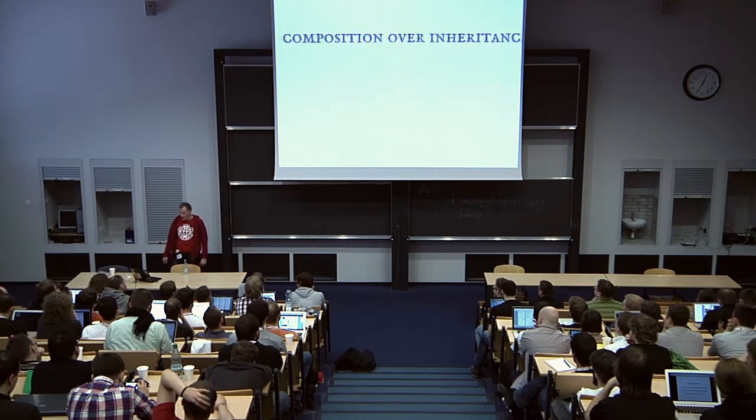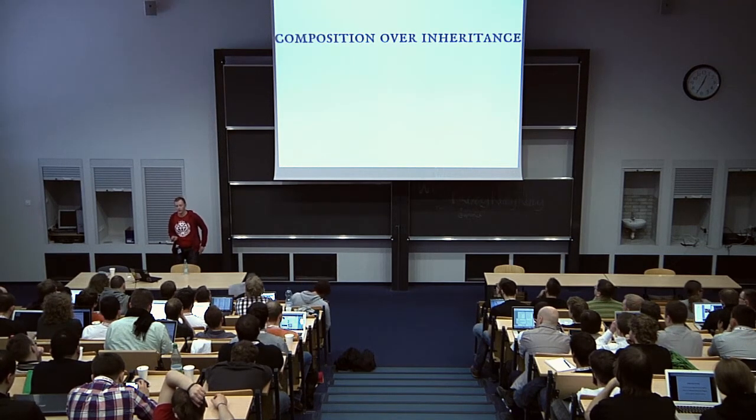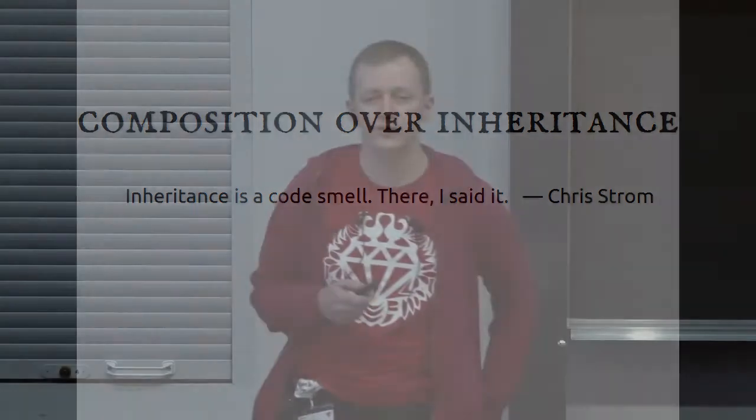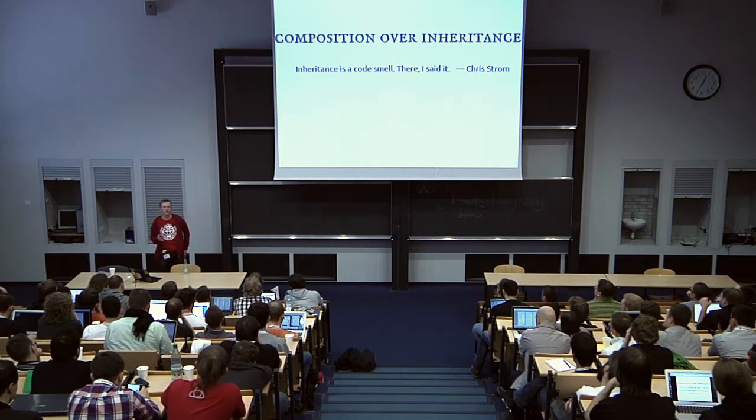The other thing I want to show is composition over inheritance. There is a very disputable quote: inheritance is a code smell. I said it. I don't think I agree fully, especially given the SimpleDelegator inheritance that we saw. But there might be something to the fact that we abuse inheritance.